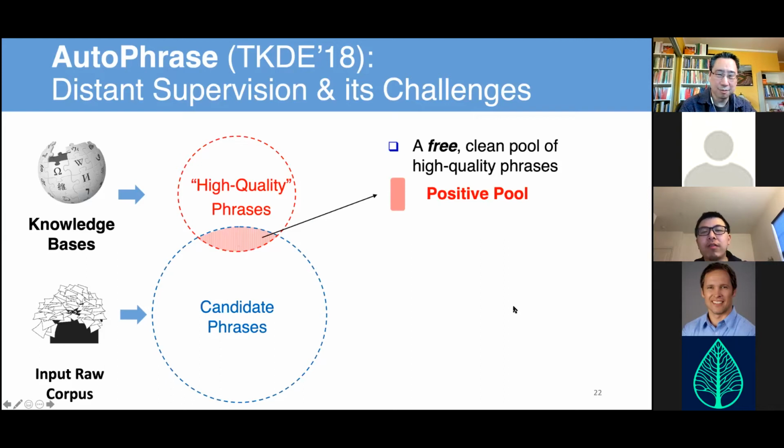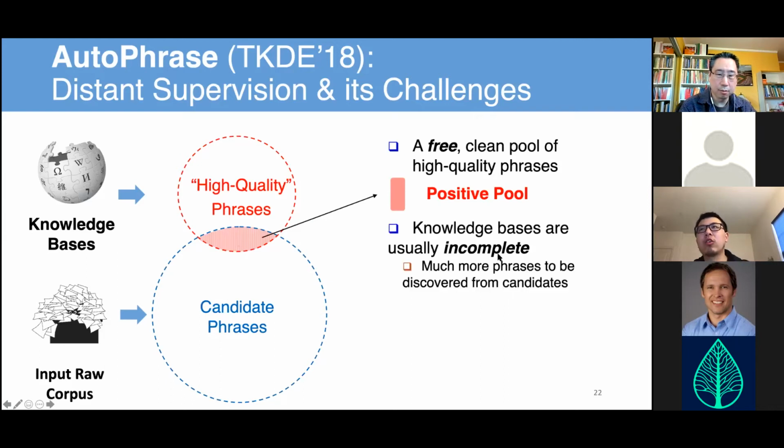And then you may have a question whether the knowledge base can cover all the quality phrases we need. The answer is obviously no, because they are usually incomplete. There are so many emerging terminologies that are not in Wikipedia. I think I showed some examples earlier, but I'm not sure if you noticed that there's a phrase called Obama administration.